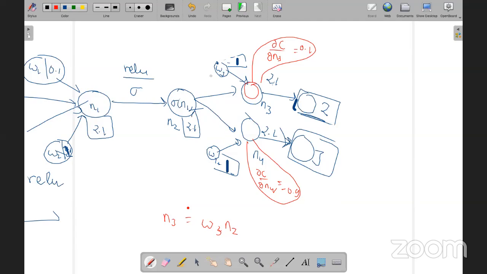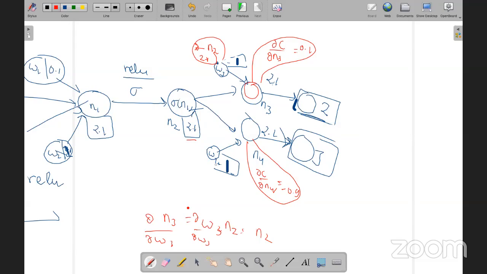And now if you differentiate, you find dn3 by dw3 would be just n2, right? So this value is simply n2. You can just write n2 here, and I will put the value for n2. n2 is 2.1, so that is 2.1.